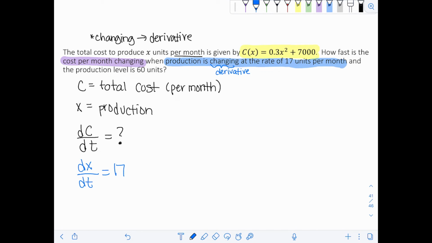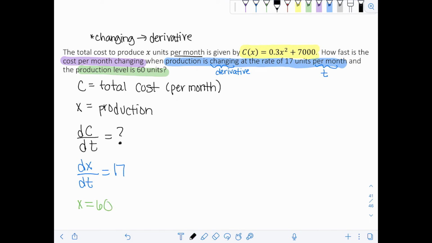And the last thing we have here is that the production level is 60 units. So now there's no indication about months or changing, so this is just the x value, the production. So that is going to be that x is equal to 60.